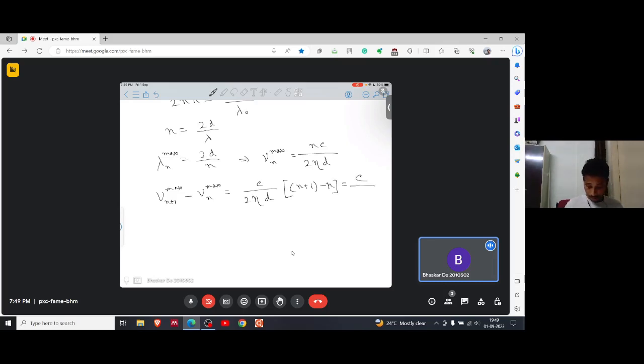This will be c by 2 eta d. So delta nu equal to c by 2 eta d.